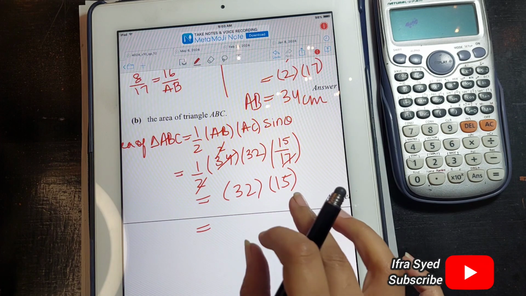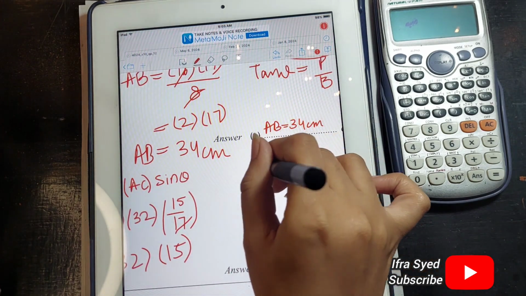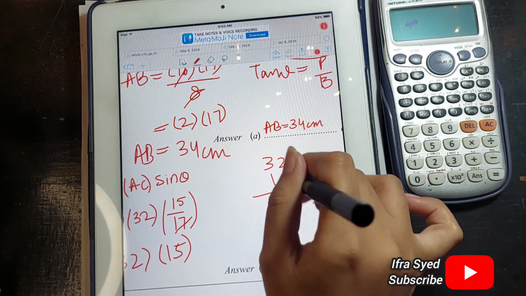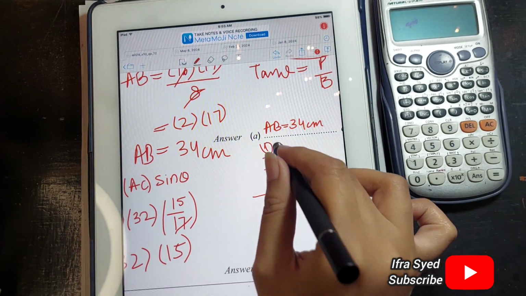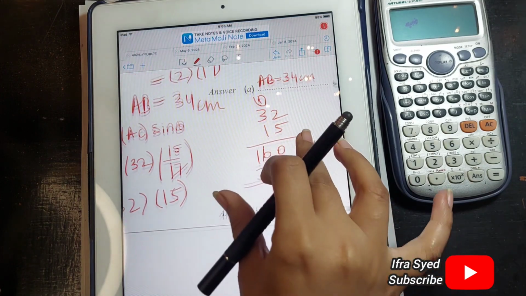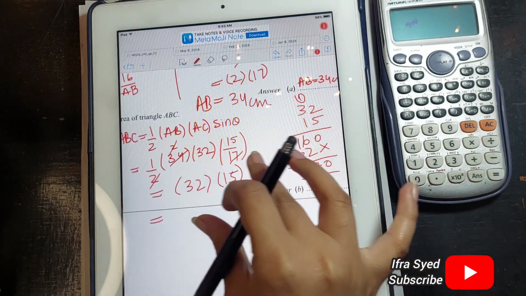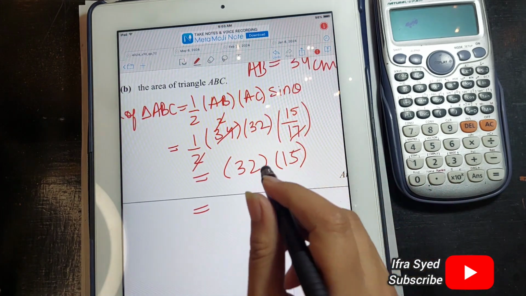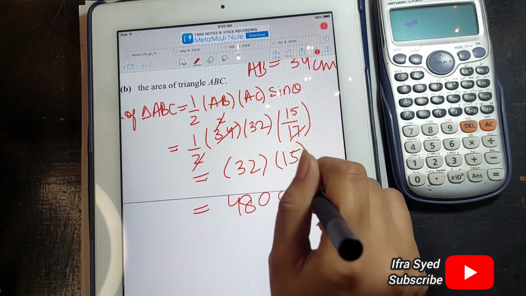So when I multiply these two, let's multiply it. 32 into 15, and 5 into 2 is equal to 10, 0 and 1 carry. 5 into 3 is equal to 15 plus 1, 16, multiplied by 2 into 3. So the answer will be 480. So the area of this triangle ABC is 480 centimeter square.